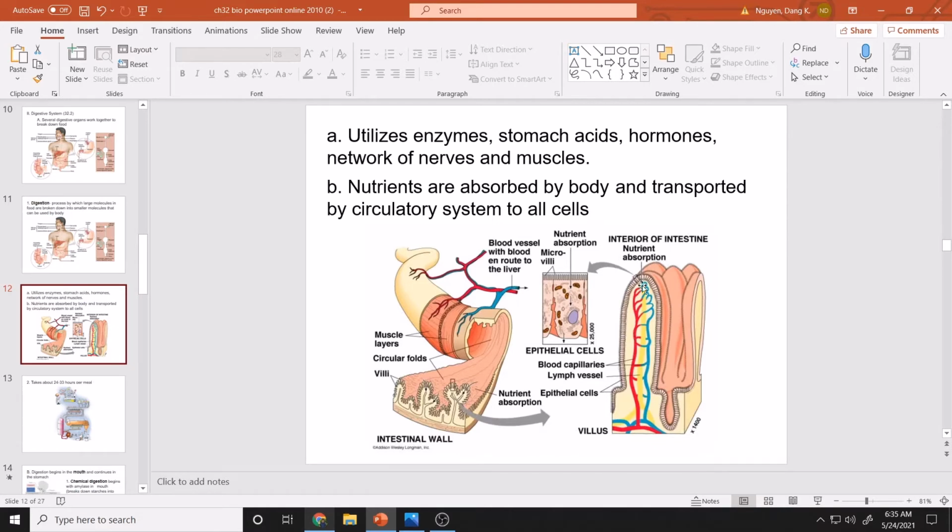As you're soaking up these nutrients, it's then going to travel to your blood vessels, which contain blood cells that help deliver these nutrients throughout the rest of your body. So that's an overview of your absorption.